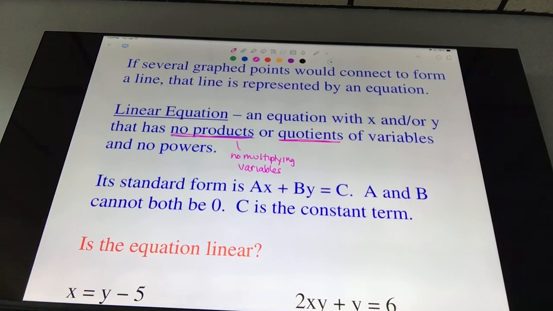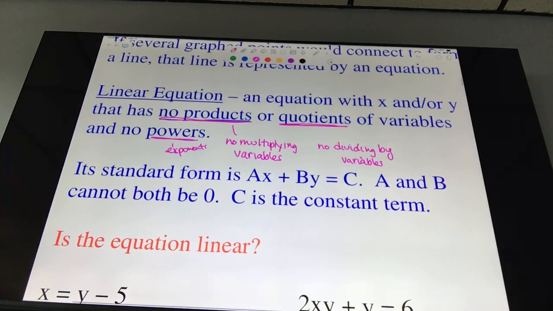Quotient means divide, so no dividing by variables. And then no powers, you know what that means, exponents. So it can have an x, a y, or an x and a y, but it can't have variables multiplied, variables divided by, or exponents.